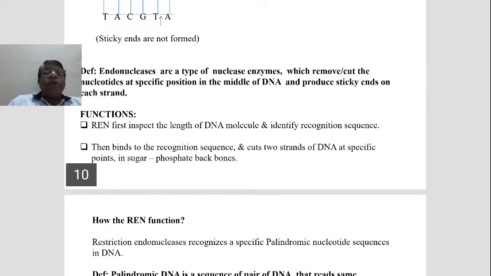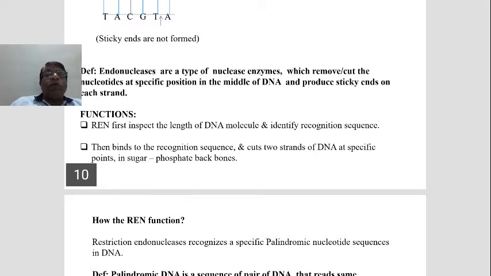Once the enzyme identifies the recognition sequence, it binds to the recognition sequence and cuts the two strands of DNA at specific points in the sugar phosphate backbones.